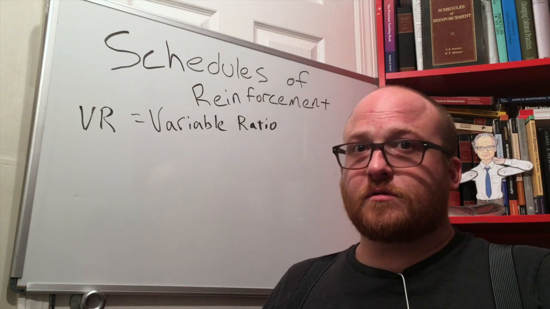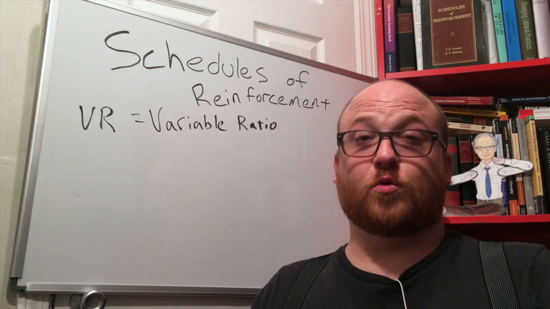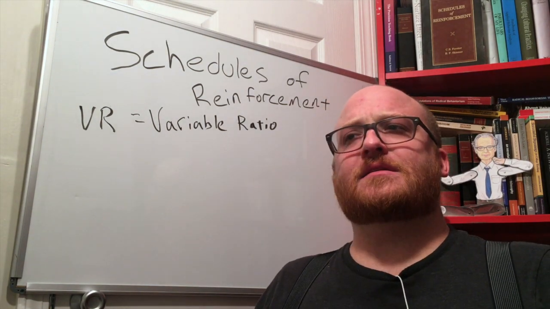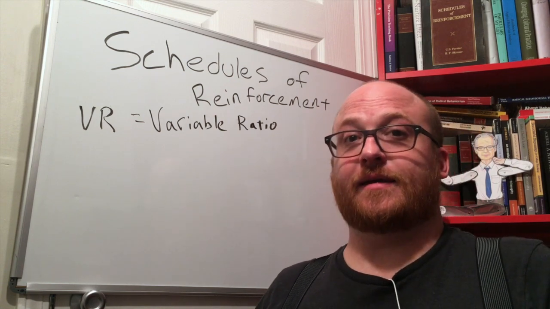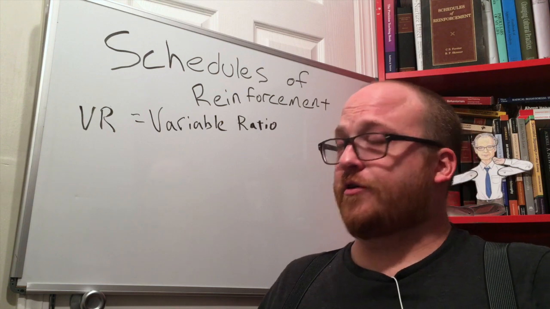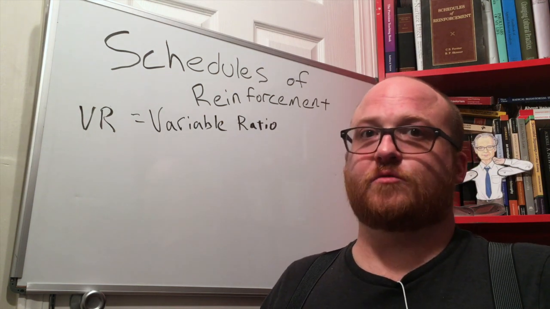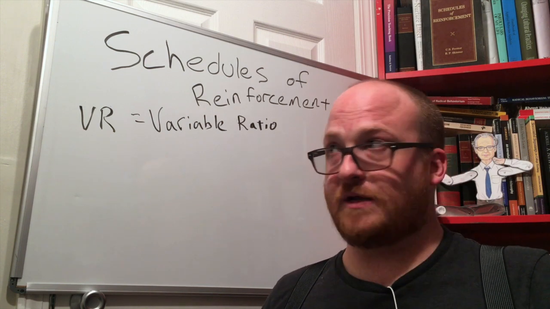From my personal learning history, this is the most used schedule of reinforcement in the field. And a lot of that is from following rules that it's the most powerful. It's been demonstrated that under the right conditions, you can get very high rates of consistent responding using a variable schedule of reinforcement.